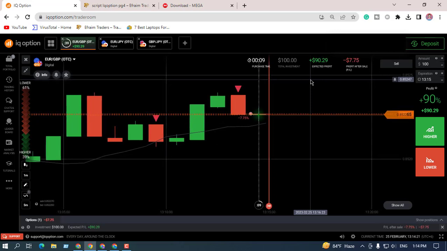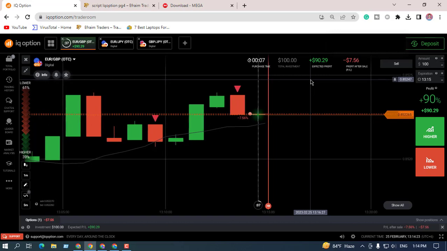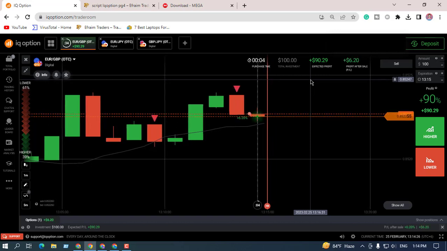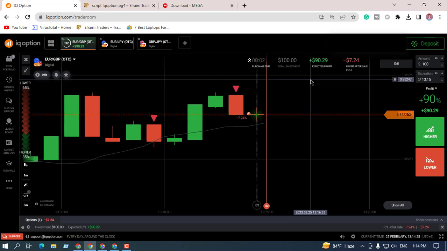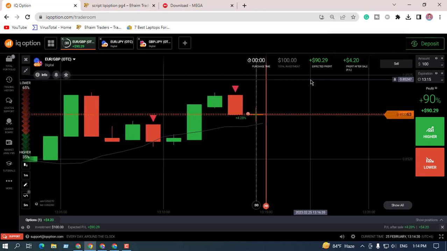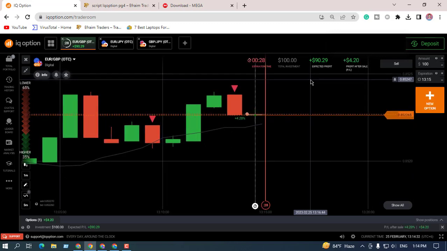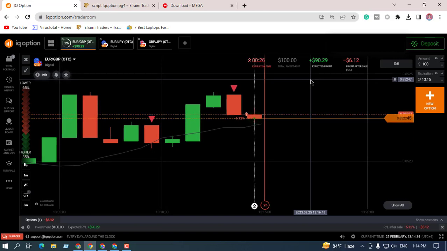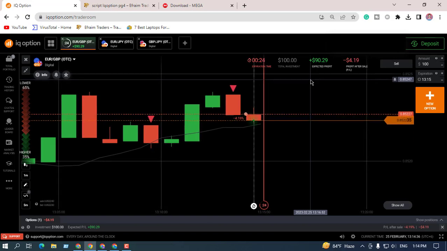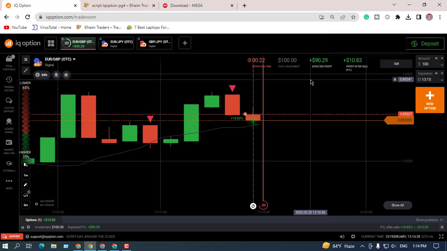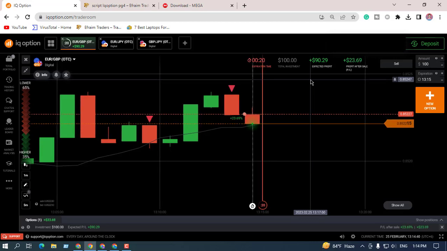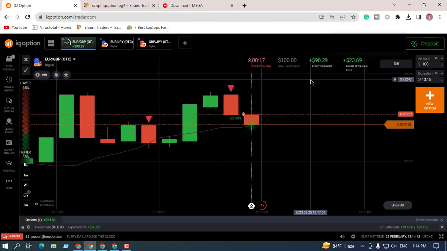Sometimes a script has a false signal, but 90% win rate. Okay, very good script. You can see the script signal is down, the market is going down 100%.